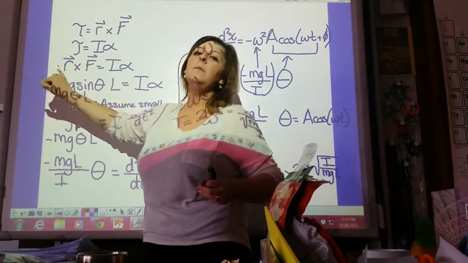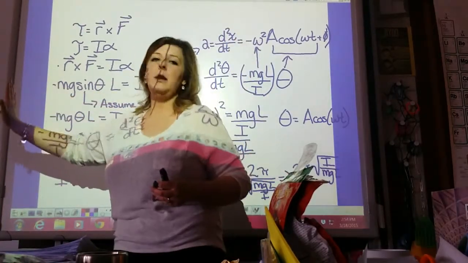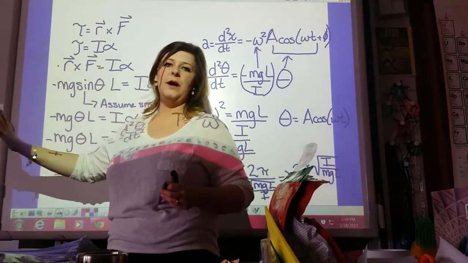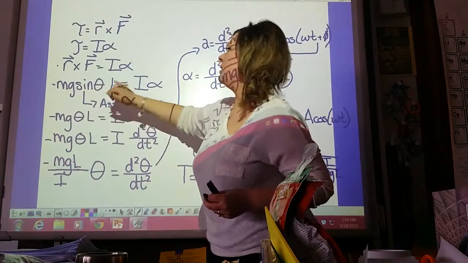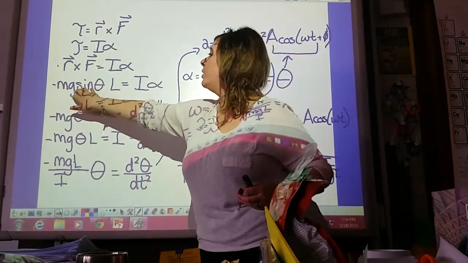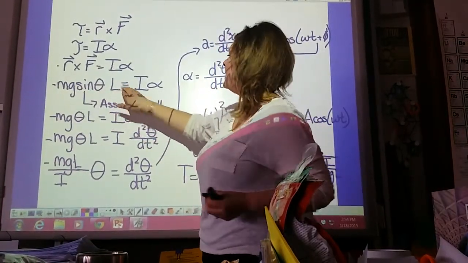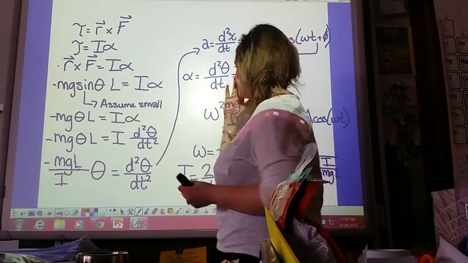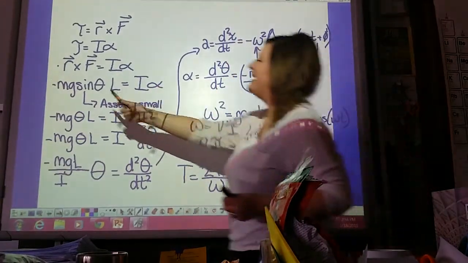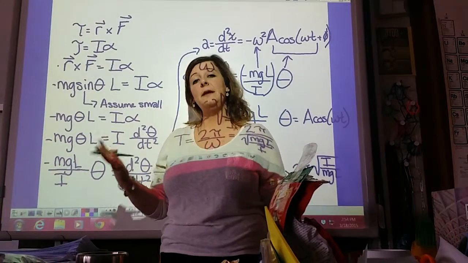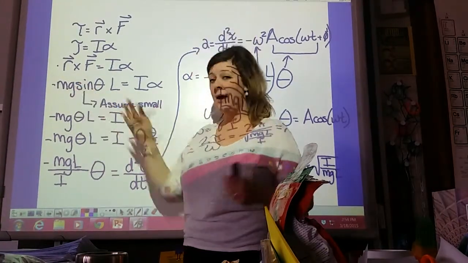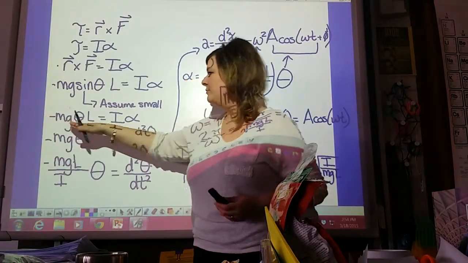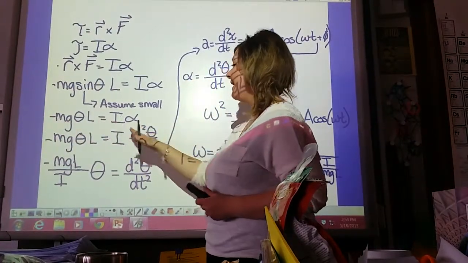It's negative because it makes it move in a clockwise direction, which would be negative. So I have a negative mg sine theta times L, so there's my force times my lever arm, is equal to I alpha. Let's assume again that we're using the small angle approximation. Because of that, I took out the sine and I said negative mg theta L is equal to I alpha.